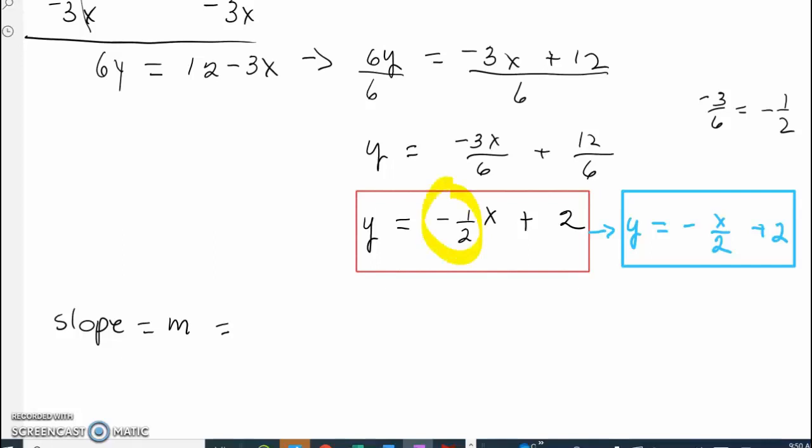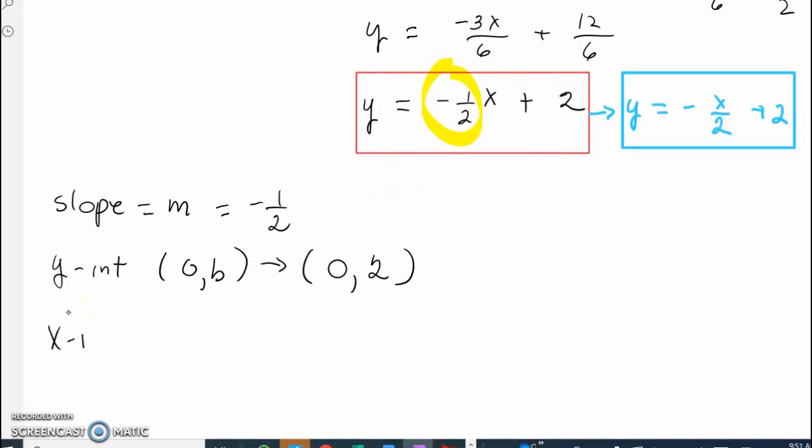So the slope is negative 1/2. And the y-intercept is actually (0, b), and in this case, the y-intercept is (0, 2).